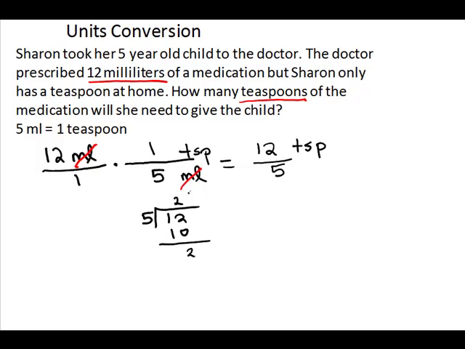And we can write that remainder as a fraction. 2 and 2/5. 2/5 is almost a half. So approximately, we'll use wavy lines for approximately 2.5 teaspoons. If this really happens to you, please go back to the pharmacy and get a milliliter spoon. But this is how we could do it.